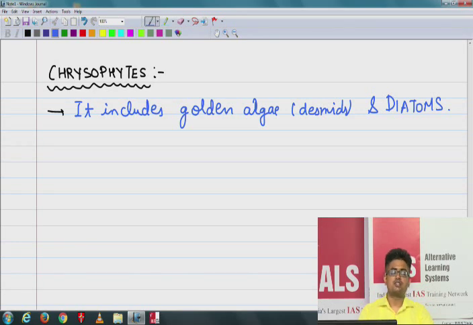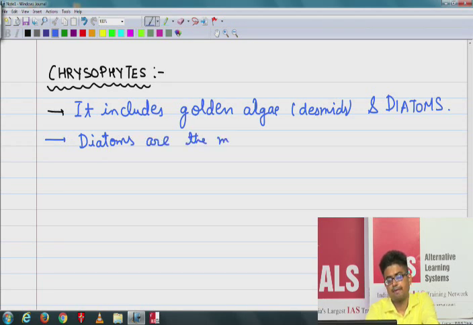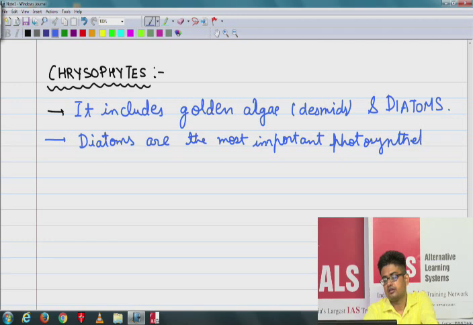So you can write here: diatoms are the most important photosynthetic producers in oceans.